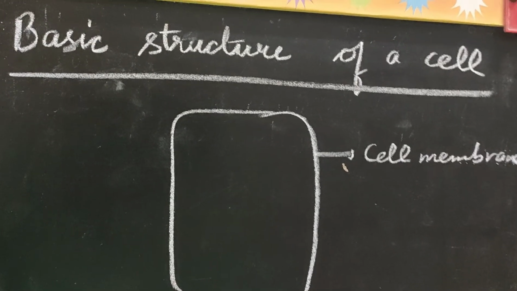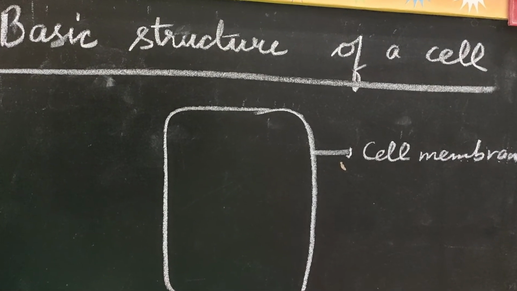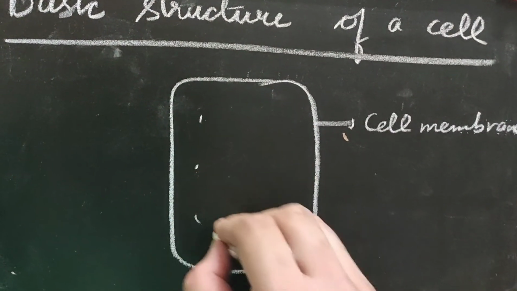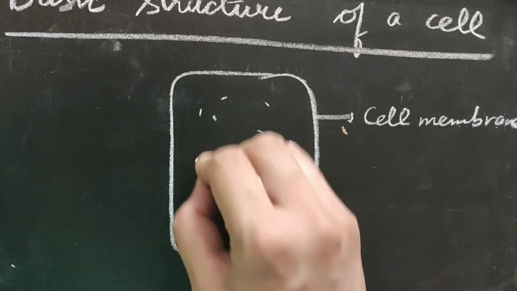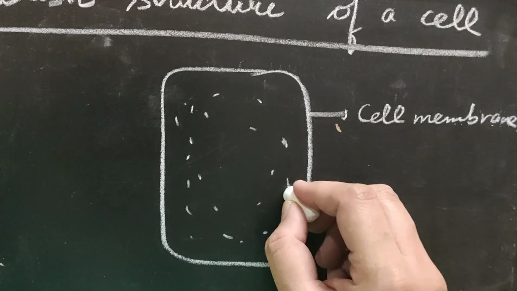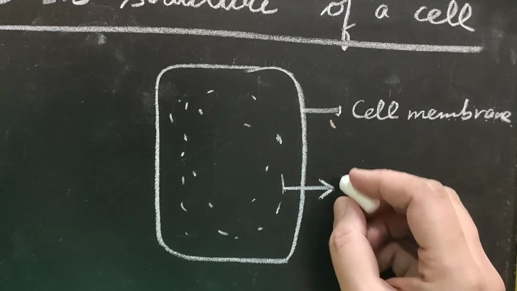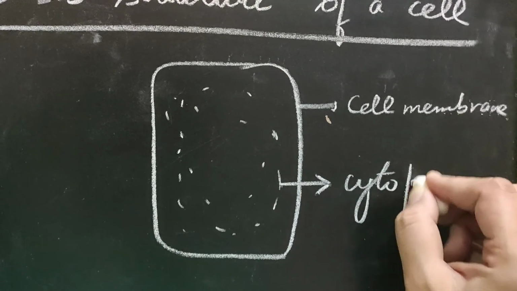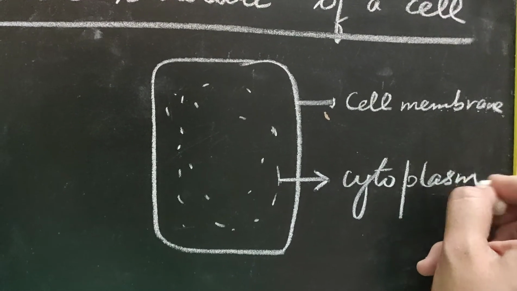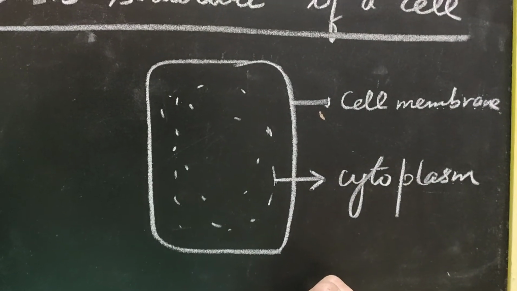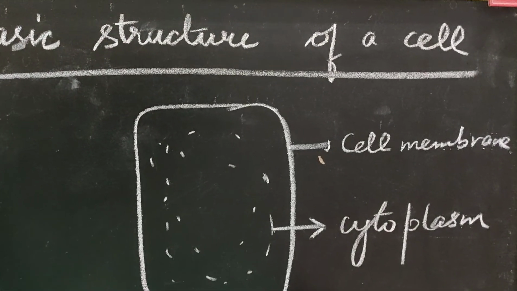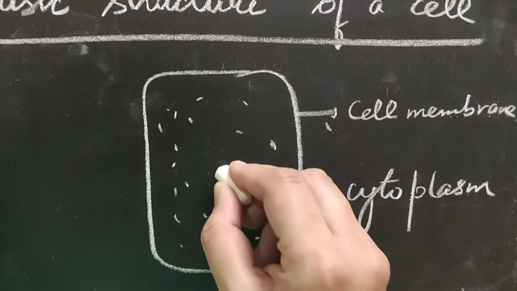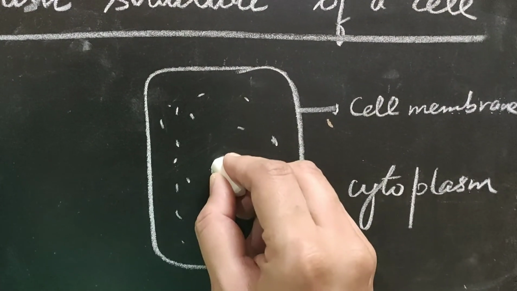Next is a liquid inside the cell which contains the cell organelles. Cell organelles refer to the main components, the main organs inside the cell. And this liquid is referred to as cytoplasm. And the third and the most important part inside the cell is the control center of the cell, that is the nucleus of the cell.